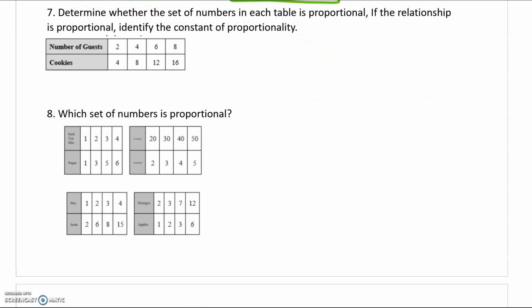All right, question number 7. Determine whether the set of numbers in each table is proportional. If the relationship is proportional, identify the constant of proportionality. So remember, we just set up a fraction for each one. So we got 4 over 2, 8 over 4, 12 over 6, and 16 over 8.